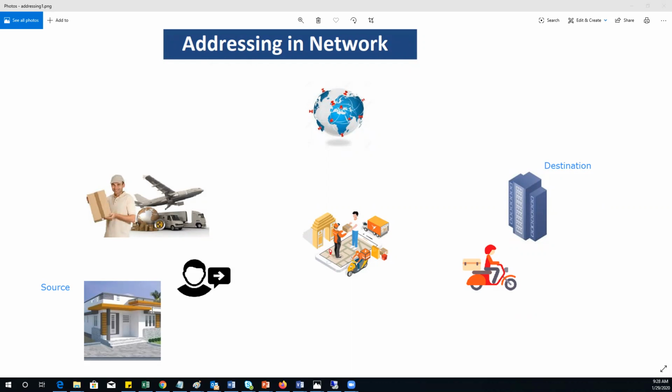If I'm trying to send any kind of parcel from this location, you can consider it location A, to this location, location B, for that purpose you need an address. Without address, we know that it is not possible to send any kind of thing from source to destination.